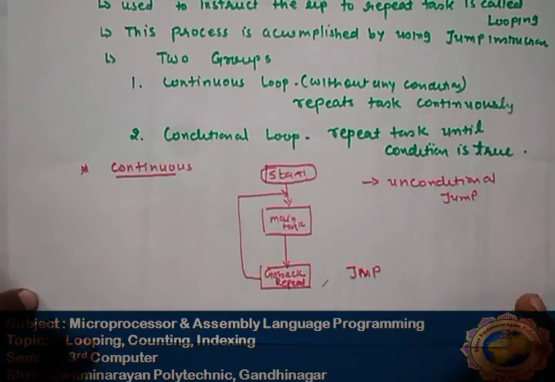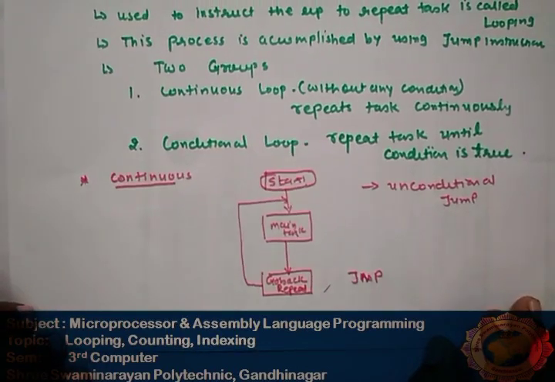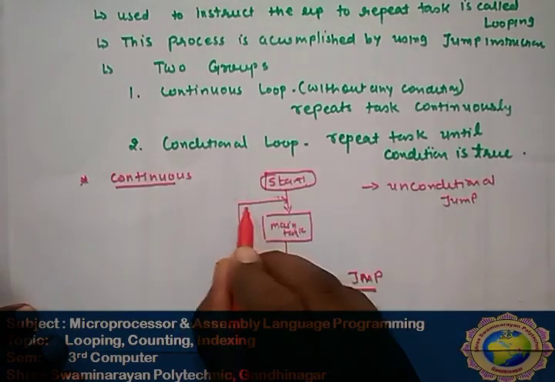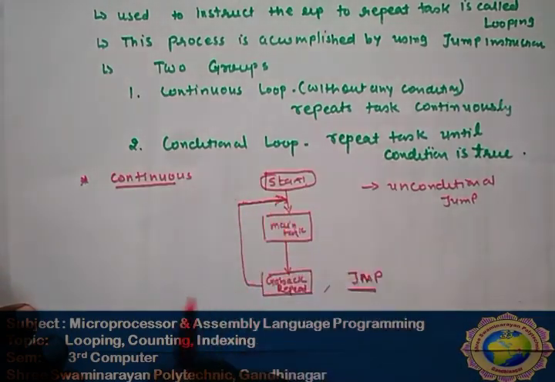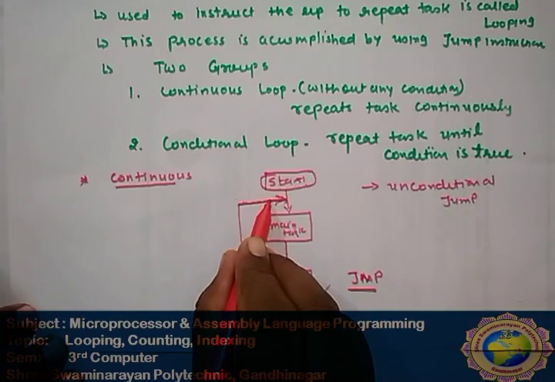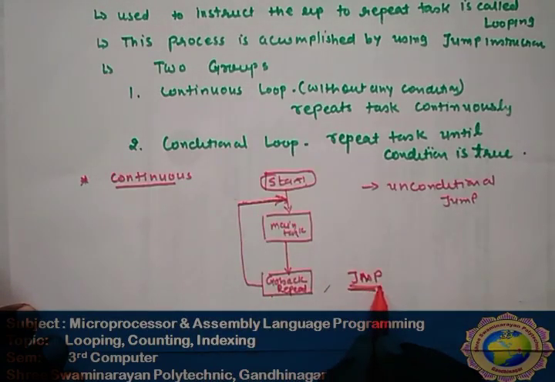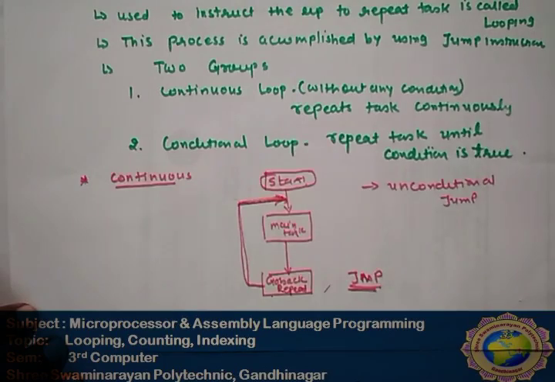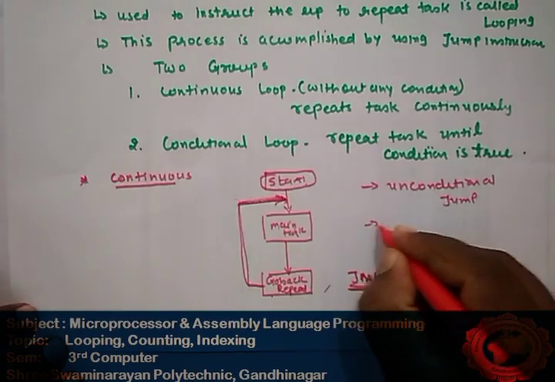Whenever this instruction is executed, it jumps to the given label. Suppose the label is here. So whenever the jump instruction is executed, it comes back to this position and again repeats the task.